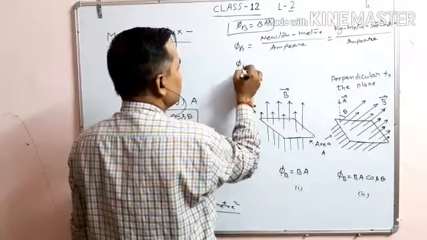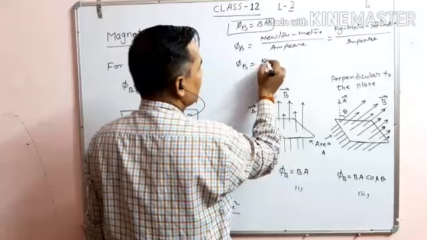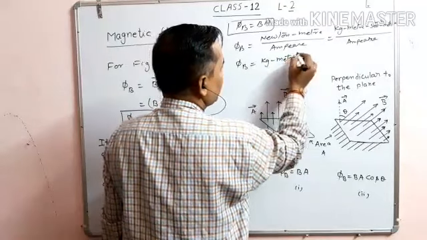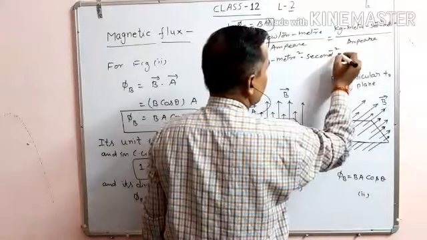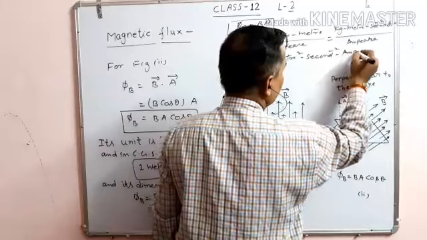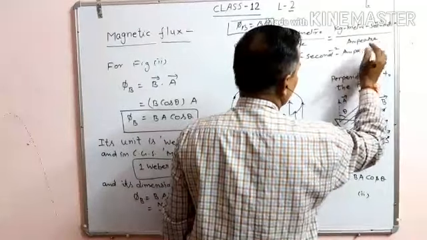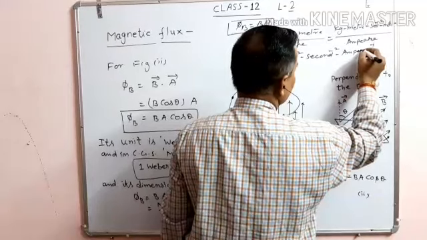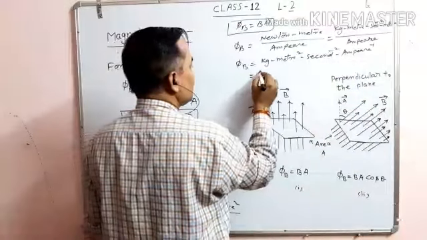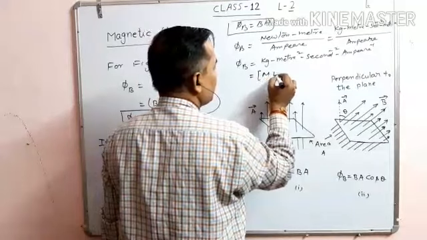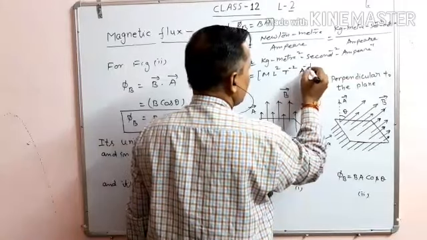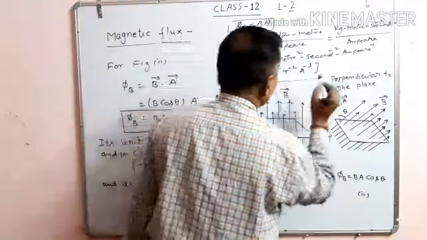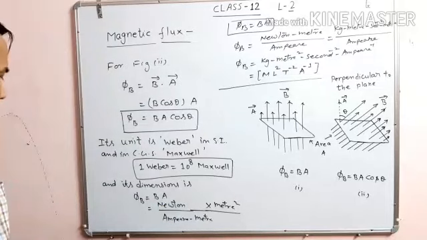So phi b becomes kilogram meter square second power minus 2 ampere power minus 1. So the dimension becomes M L2 T minus 2 A power minus 1. This is the dimension of magnetic flux. Okay, I hope there is no problem, beta.